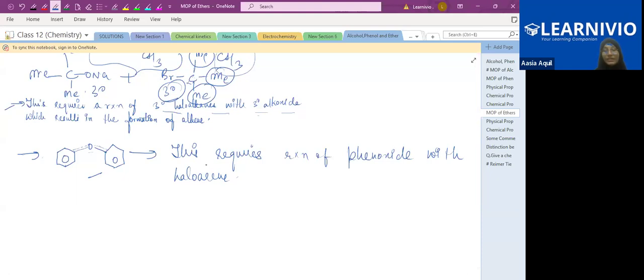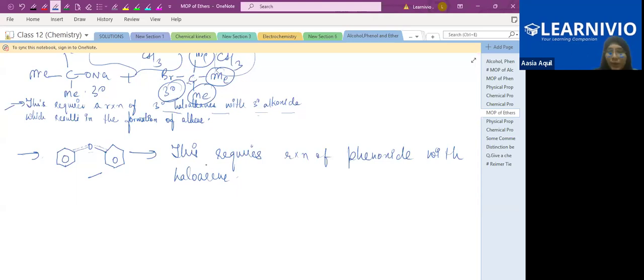And in haloarenes, the nucleophilic substitution reaction won't take place at normal temperature, right? It is possible, but only under drastic conditions, like high temperature and high pressure. We have studied the Dow process. Dow process is the nucleophilic substitution reaction of haloarene at high temperature and high pressure.